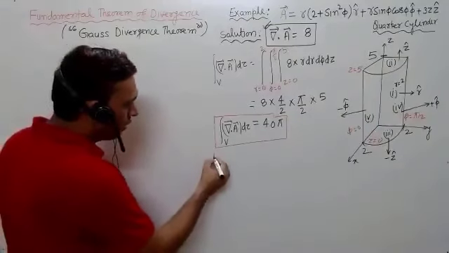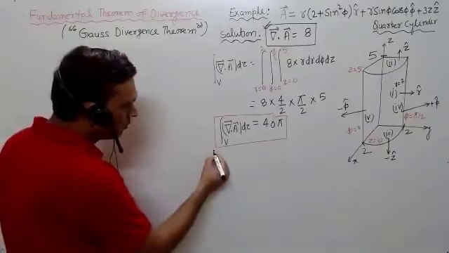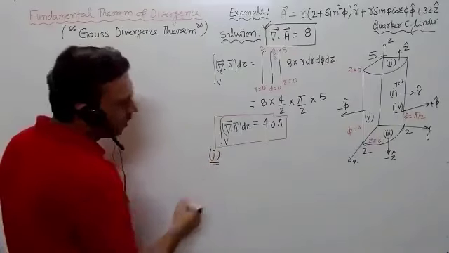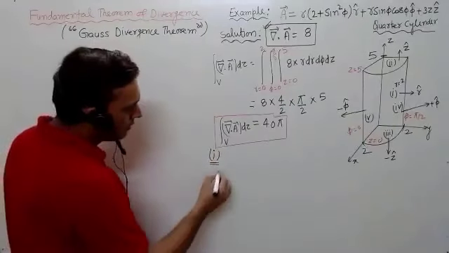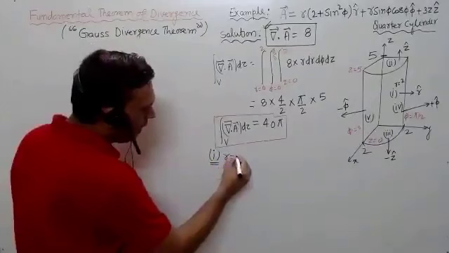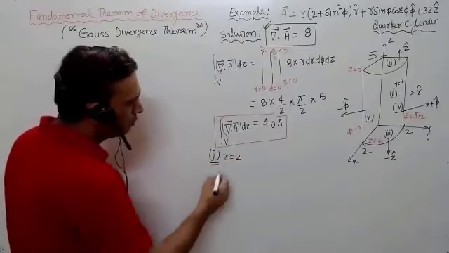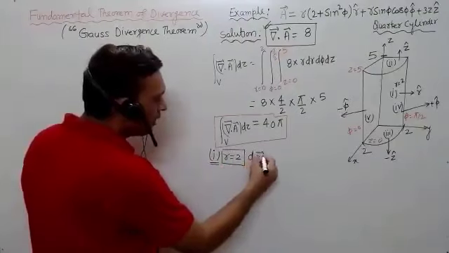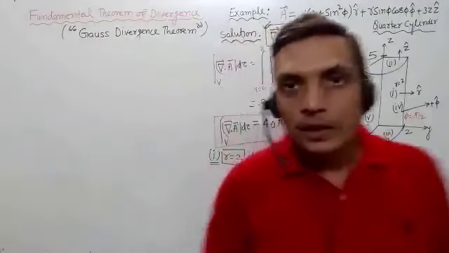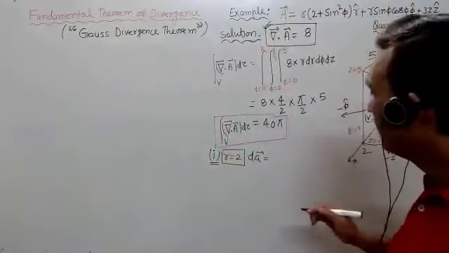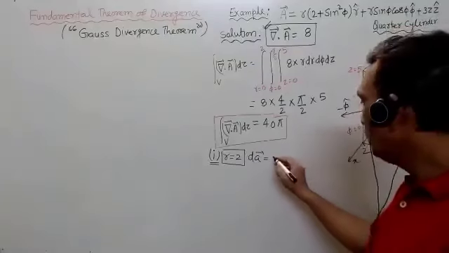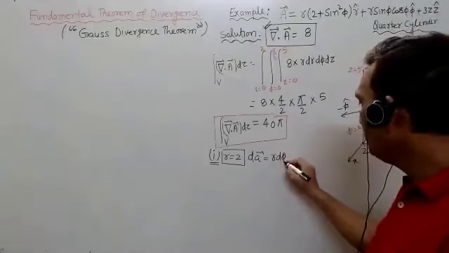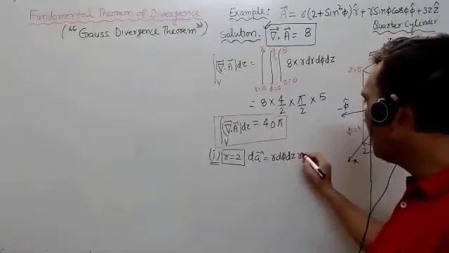So surface 1. Surface 1 is R equal to 2. So what will be dA when R is fixed in cylindrical coordinate? Variable is phi and z. So you will get R d phi dz r cap.